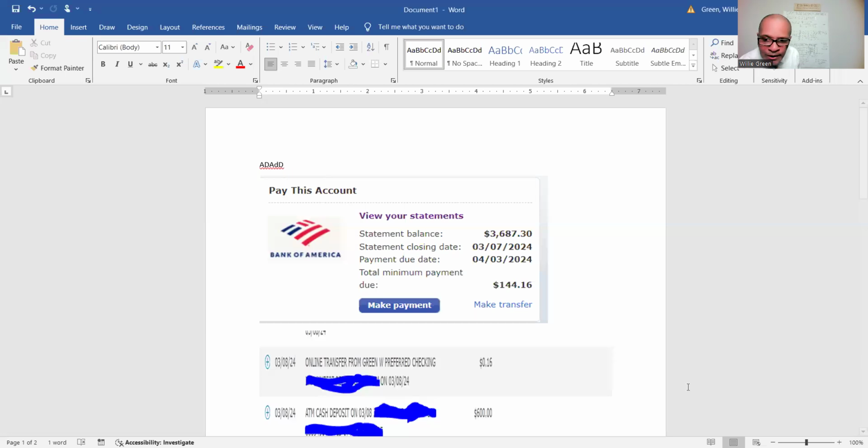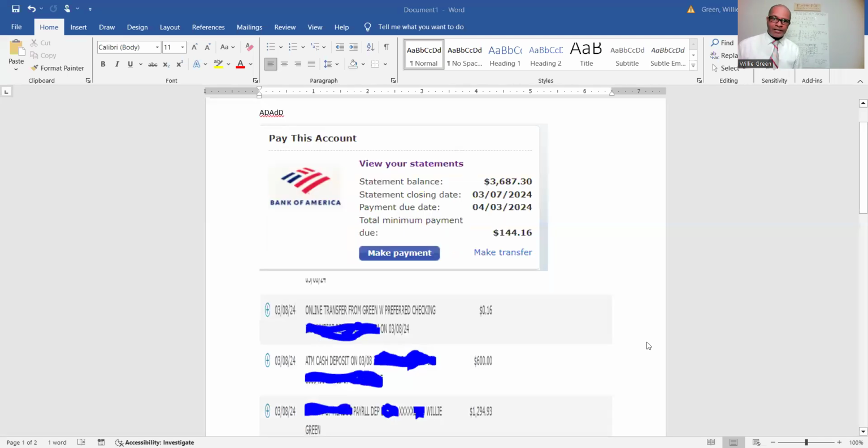For the biweekly paycheck, the transaction looks like the statement that I'm working off of to reduce the credit card using principles of velocity thinking. The statement balance is $3,687.37.